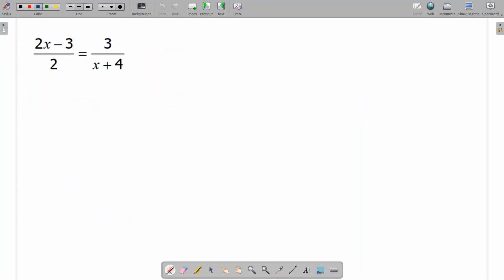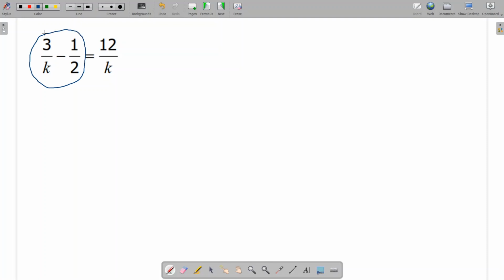All right. So let's look at one where the left side here isn't a single rational expression. Before we can proceed with solving, we need to simplify this left side so that it's a single fraction. Now, we need to get a common denominator to make that happen.